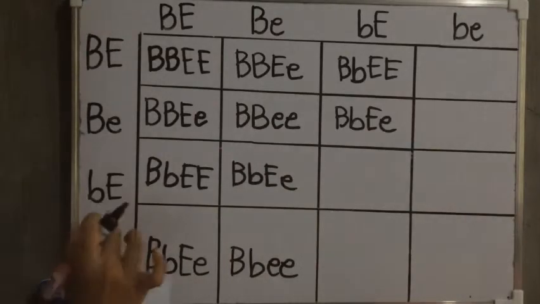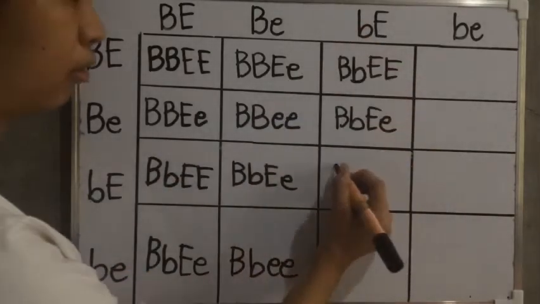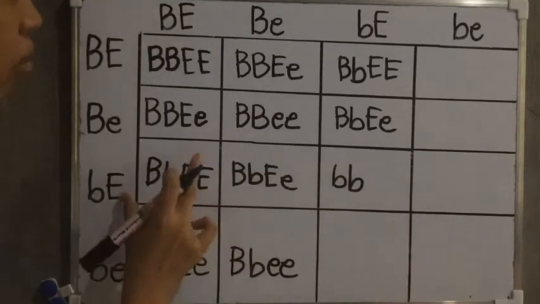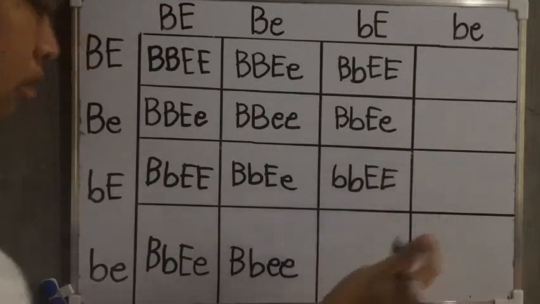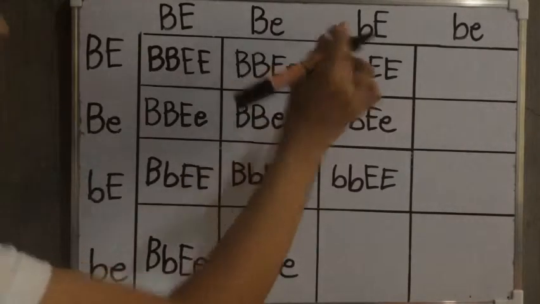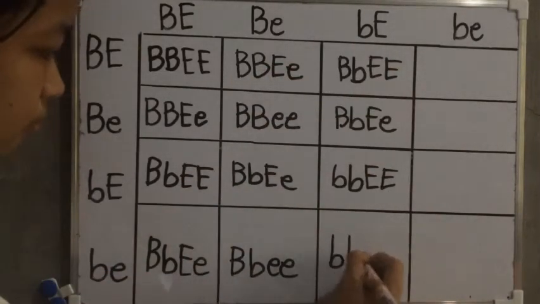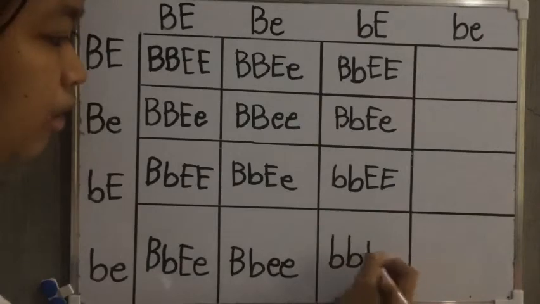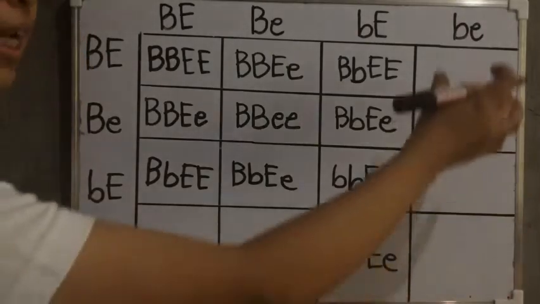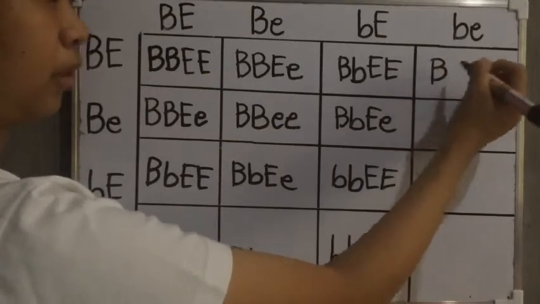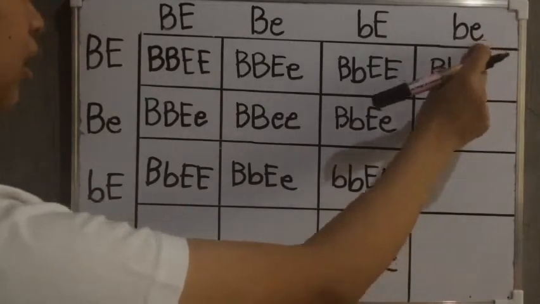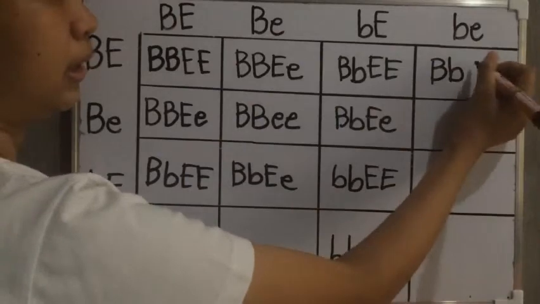Next is 2 recessive, and then both dominant. Next, 2 recessive, 1 dominant, and 1 recessive. For the last column, we have 1 dominant and 1 recessive, 1 dominant and 1 recessive also.